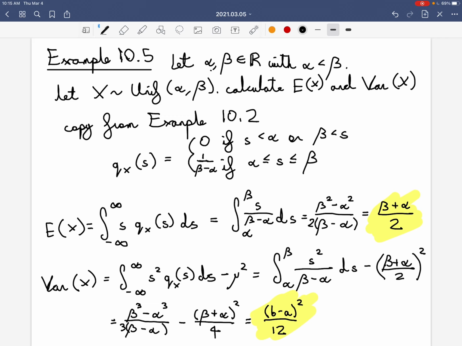And then on the interval from alpha to beta, it's just giving us a constant 1 over beta minus alpha. So really, we just have the integral of s ds, and we can integrate s ds from alpha to beta, and get beta squared minus alpha squared over 2, divide that by beta minus alpha, and use difference of squares on the top to get beta plus alpha over 2.